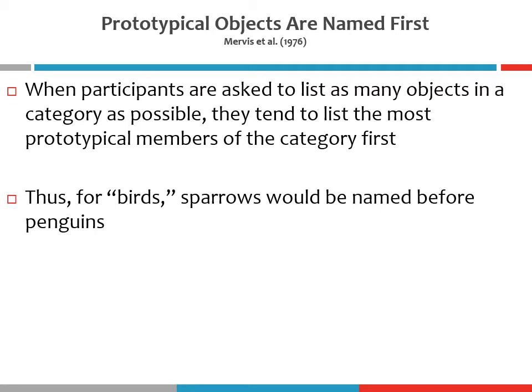And it goes back to the prototype theory, which says that when you're making a categorization judgment, you compare a new object to your prototype, and that determines whether you categorize the object or not. So it makes sense that exemplars from your category that are closest to the prototype would come to mind first.